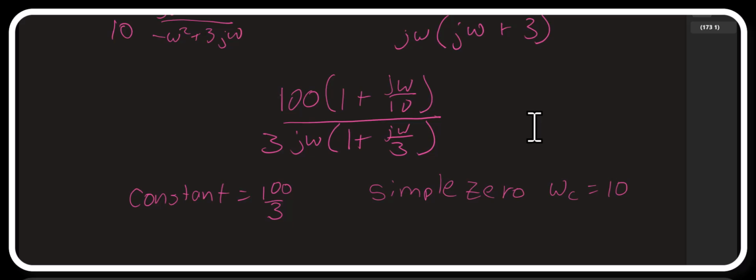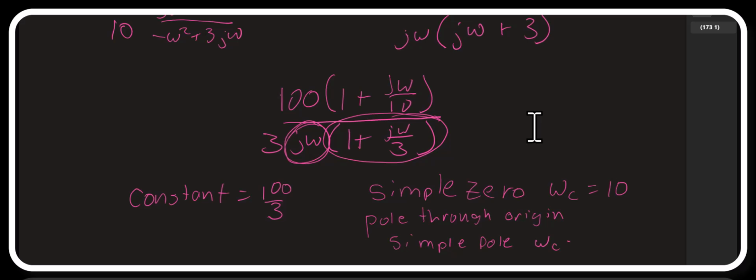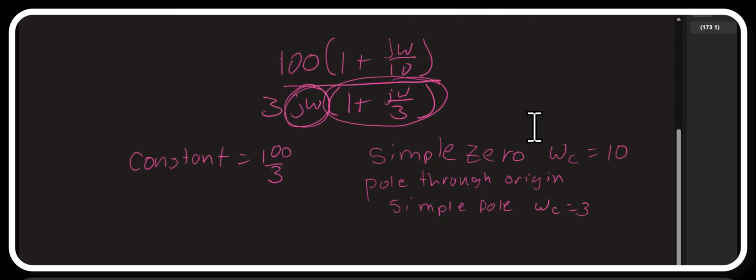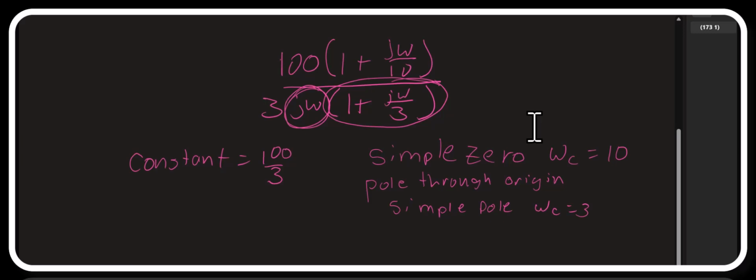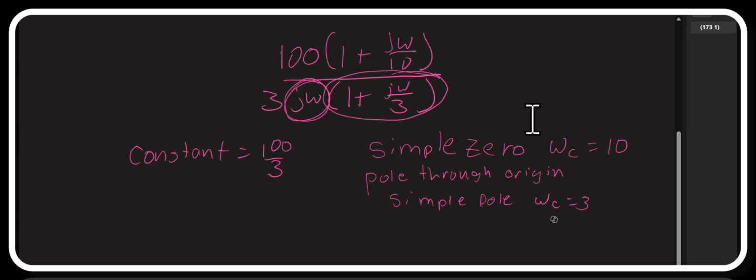And in the denominator, this j omega gives me a pole through the origin, and this term right there gives me a simple pole with corner frequency equal to 3. So the terms in the numerator give me zeros, and terms in the denominator give me poles. Nothing is squared, so there's no quadratic.